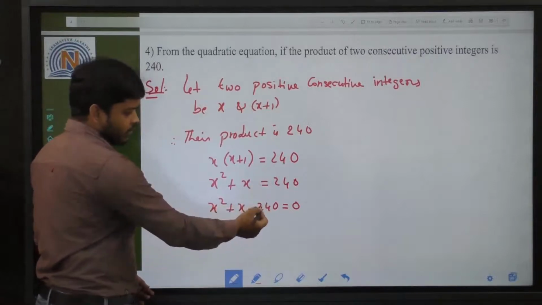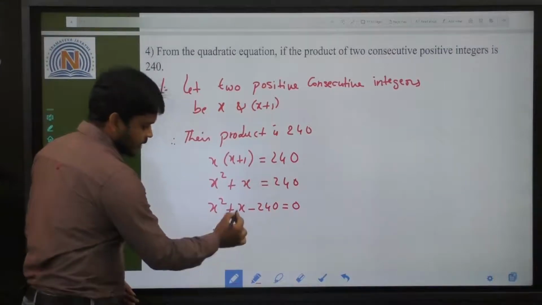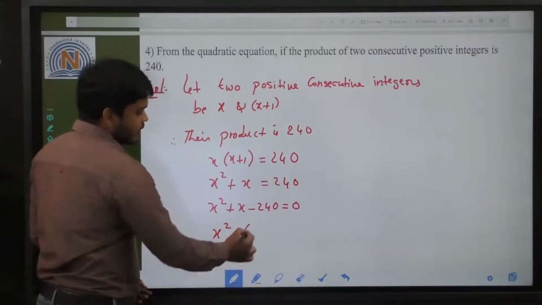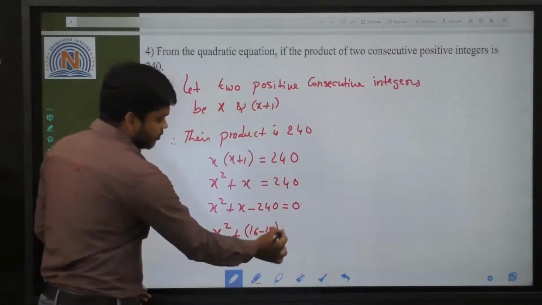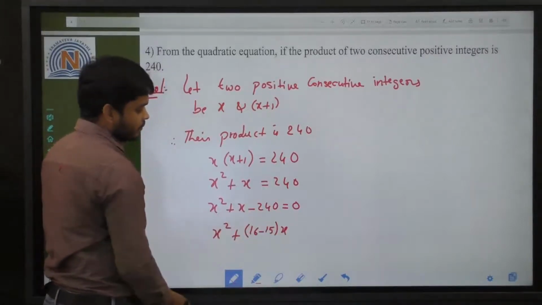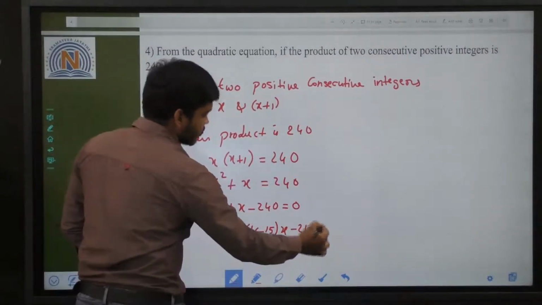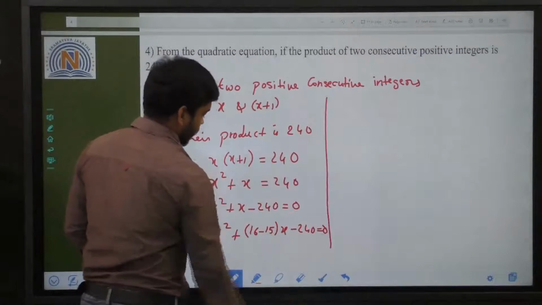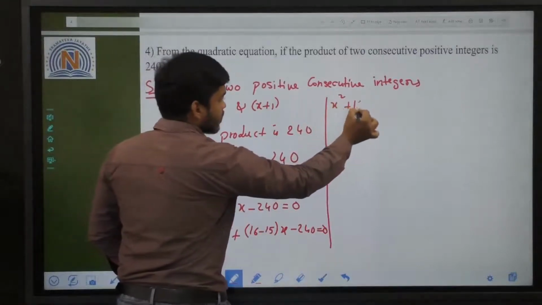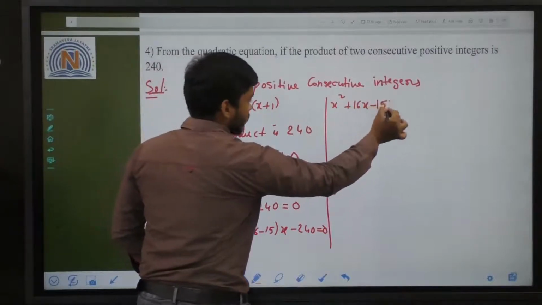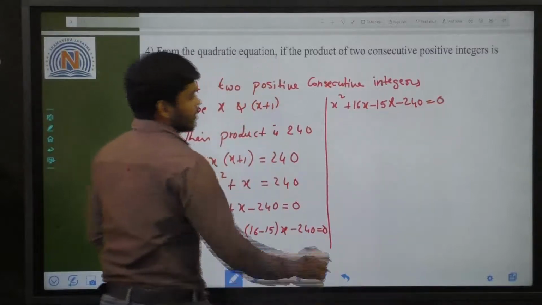1 into minus 240 is minus 240. Then x square plus, here I write 1 as 16 minus 15, into x, since 16 fifteens are 240. Then x square plus 16x minus 15x minus 240 equals 0.